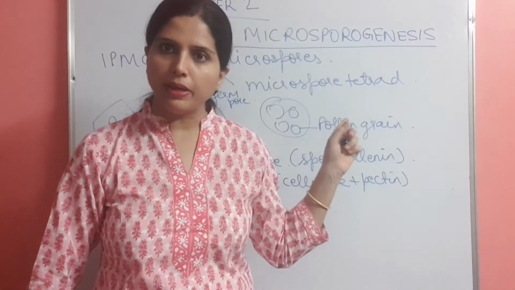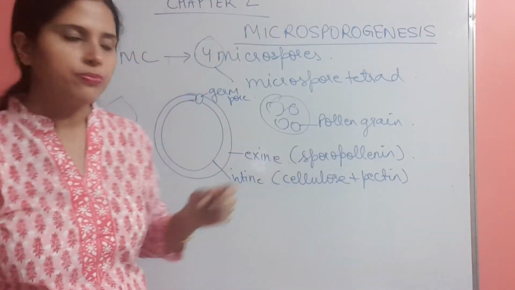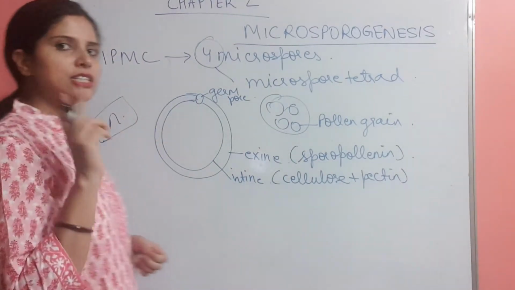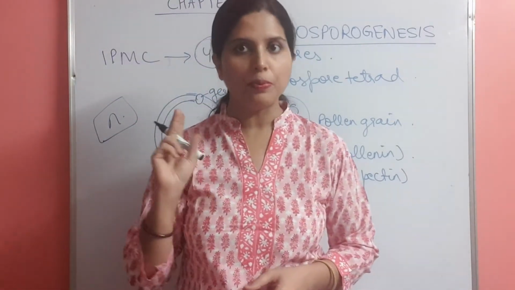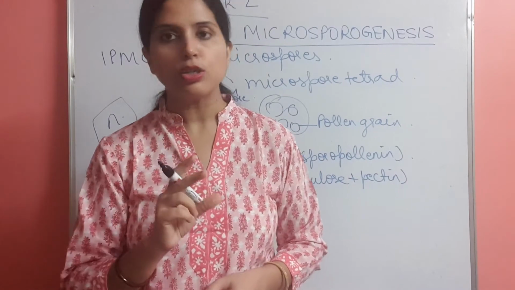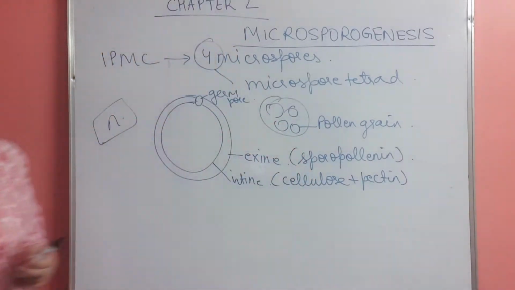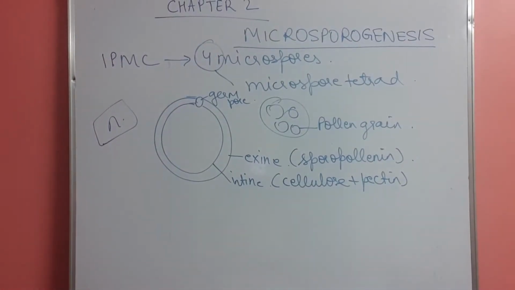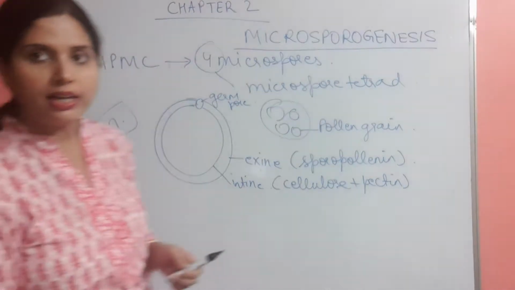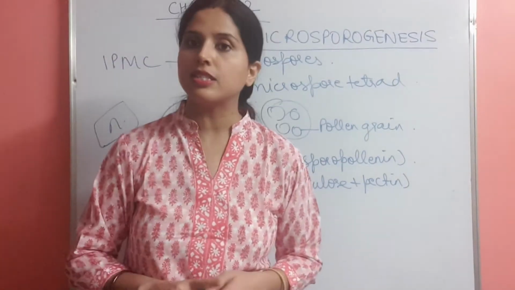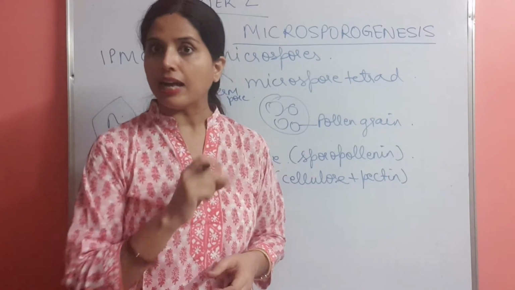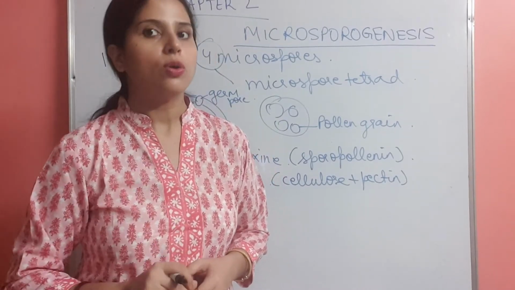So it will be haploid in nature, but it is at the 2-celled stage. Please mind the words which I am saying: it is haploid in nature but at the 2-celled stage. Over here it has undergone mitosis.